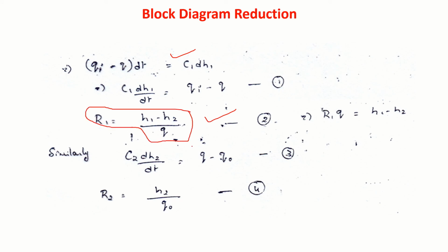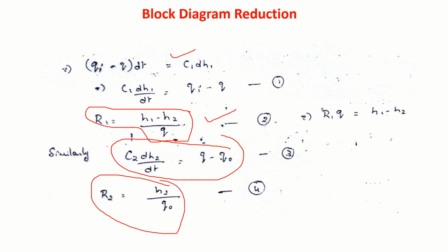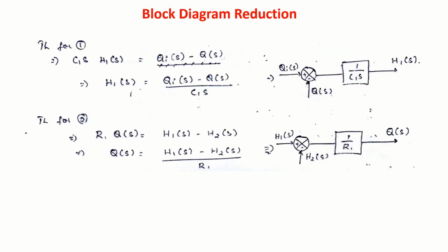Okay. Similarly for the second tank, when I write this, I will get this. And R2 is nothing but H2 by Q0. Now take each one of this equation. Let us take Laplace and form block diagrams. So C1 H1 of s is equal to QA of s minus Q of s. So Qi is input, these two summing point, then 1 by C1 s we will get this. For the second equation, we will get this.